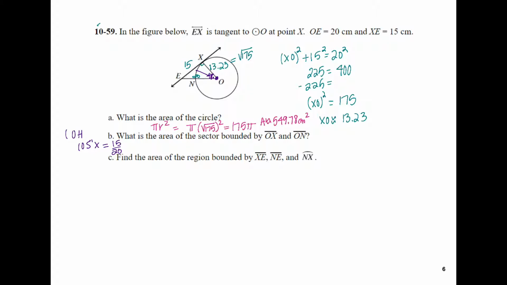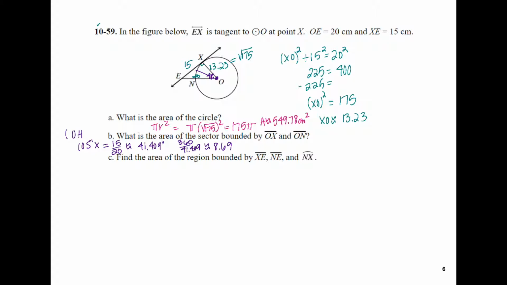So I can take 360 and divide it by that, which gives me approximately 8.69.